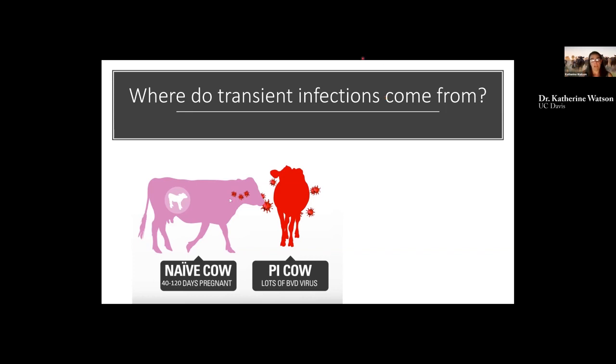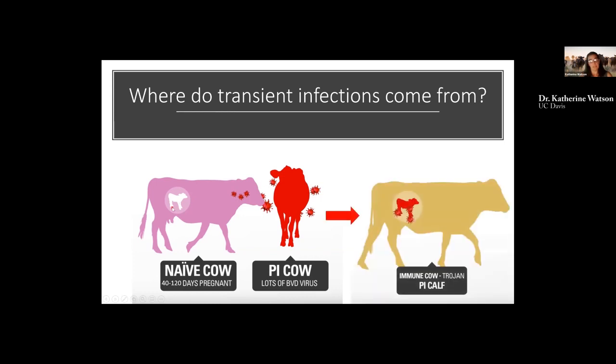That was when mama cow was pregnant and came in contact with a persistently infected cow, and that created this persistently infected cow that will be birthed and continue to spread the disease in the herd.